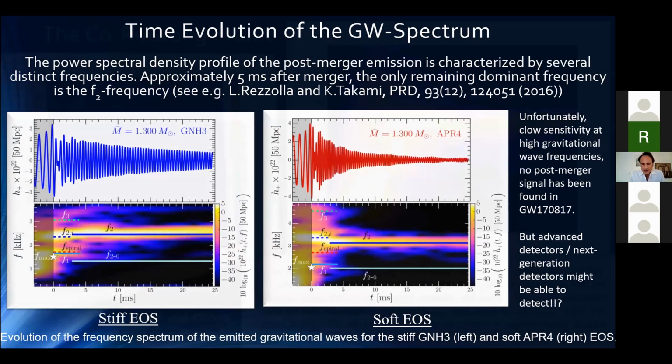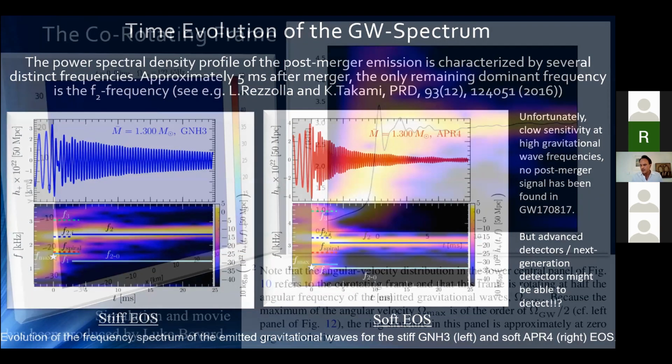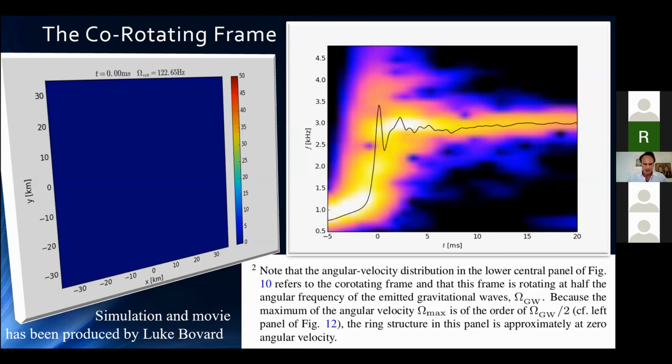Now I will come a little bit more to explain what is going on inside such a hypermassive neutron star, and there we transform into a so-called co-rotating frame.